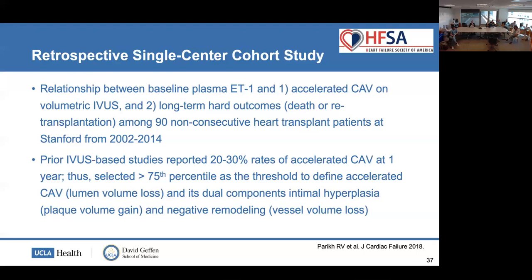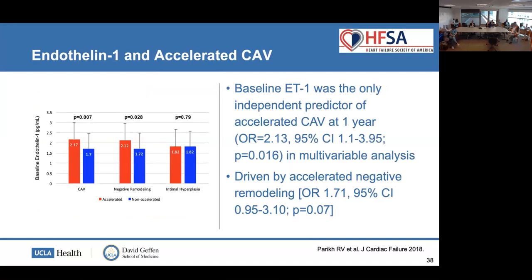Now, the prior IVUS studies that Dr. Tobis and others led reported rates of about 20 to 30% of accelerated CAV at 1 year. And so we chose greater than the 75th percentile as a threshold to define CAV on volumetric IVUS. So we defined that as lumen volume loss, and then its two components: intimal hyperplasia, or plaque volume gain, and negative remodeling, or vessel volume loss.